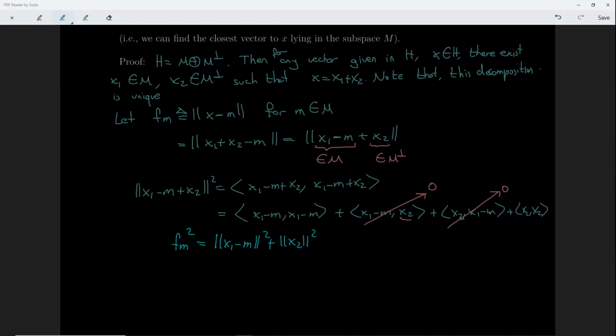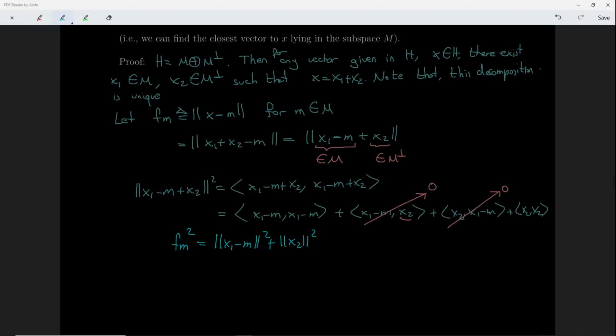So we are looking for the m vector which minimizes this Fm function over here. When I change the m vector, I am changing the value of Fm, and I obtain this expression. And I would like to ask at this stage, what is the minimum value that I can achieve for Fm square by changing m? Noting that the norm functions always take non-negative values, the minimum is 0.